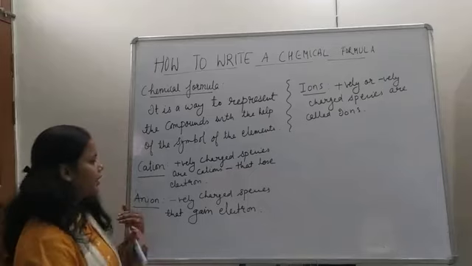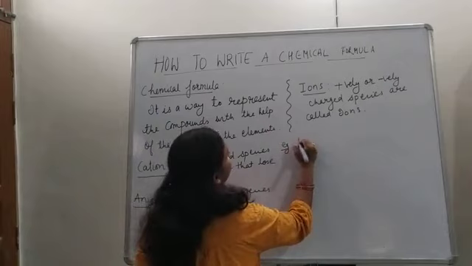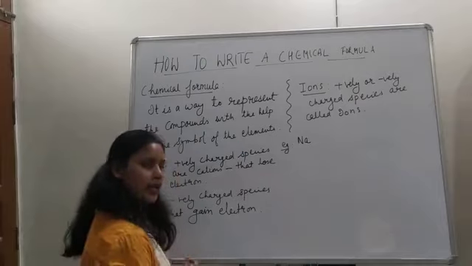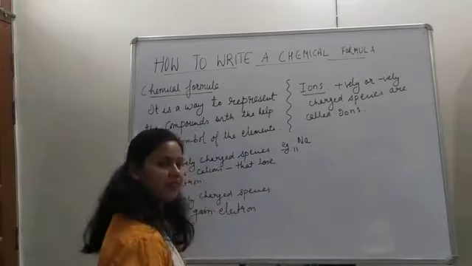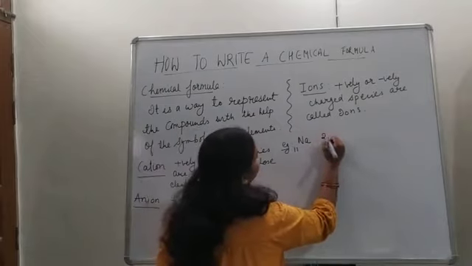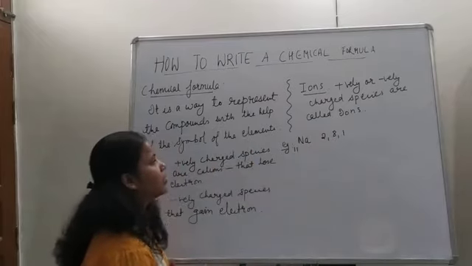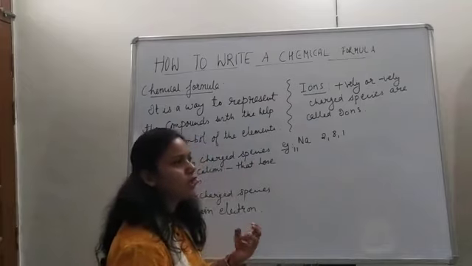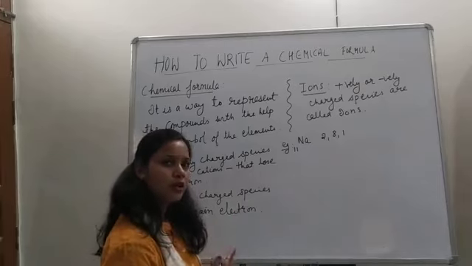Okay, now let us see the examples. For example, we have sodium, that is given by the symbol Na, which is having an atomic number of 11 and electronic configuration of 2, 8, 1. And we have our previous knowledge that metals and non-metals वो आपस में बॉन्ड क्यों बनाते हैं, क्यों इलेक्ट्रॉन लूज करते हैं, क्यों इलेक्ट्रॉन गेन करते हैं?